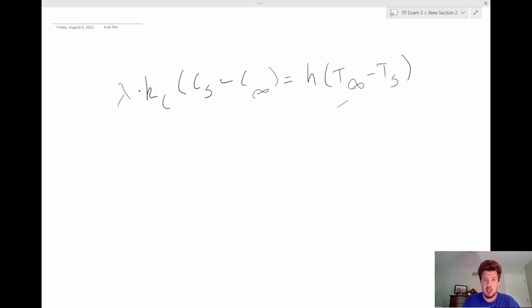Now this right here is the heat flux, and it is going from the air to the surface of whatever, in this case, is the wet bulb.